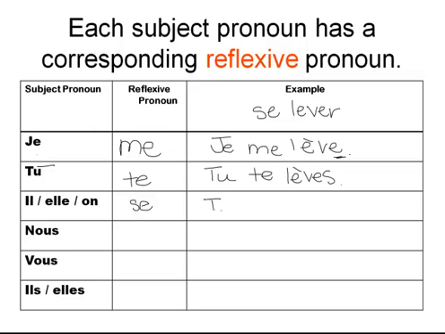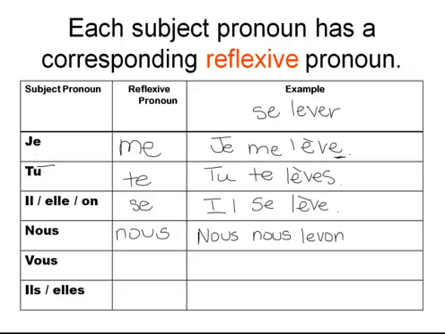So he gets himself up, il se lève. Nous corresponds with nous. So we get ourselves up would be nous nous levons. Sometimes this takes a while because people aren't used to seeing nous nous written next to each other in the sentence, but that's exactly what it would be, nous nous levons.